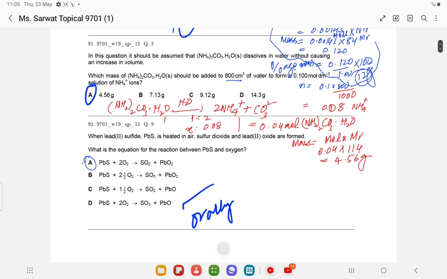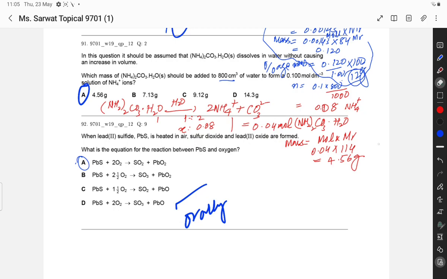Next question is, in this question it should be assumed that hydrated ammonium carbonate dissolves in water without causing an increase in volume.